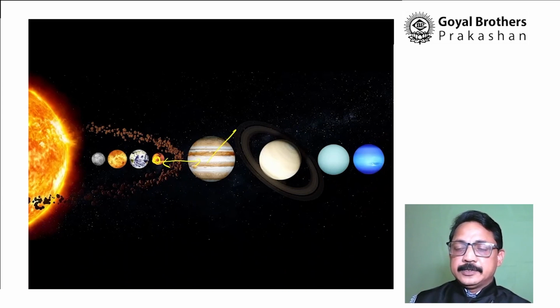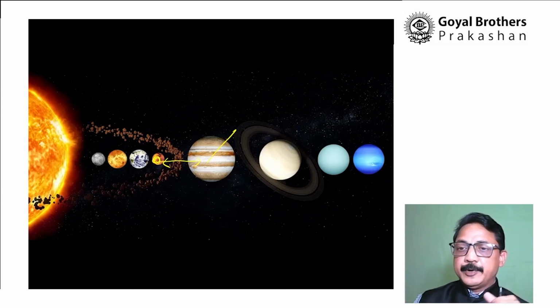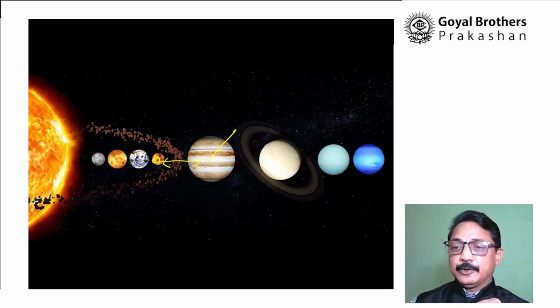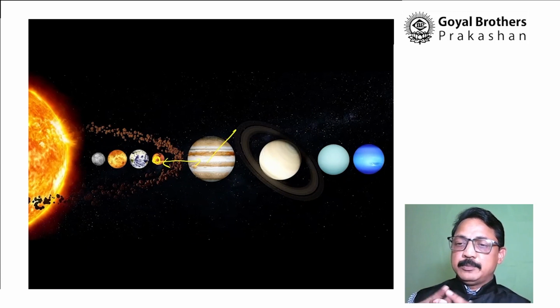And sometimes these asteroids get pulled towards the Earth by gravitational force, and in case they come towards the Earth, they can cause very great danger to the planet Earth. If they strike our Earth, you must know that the dinosaurs disappeared from Earth because of the impact of one of the asteroids.